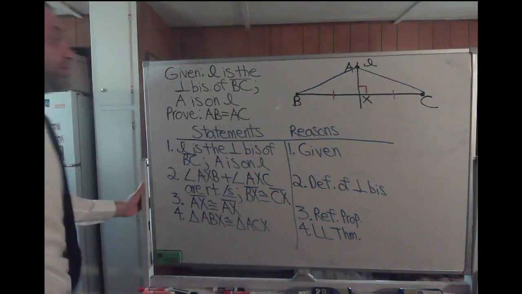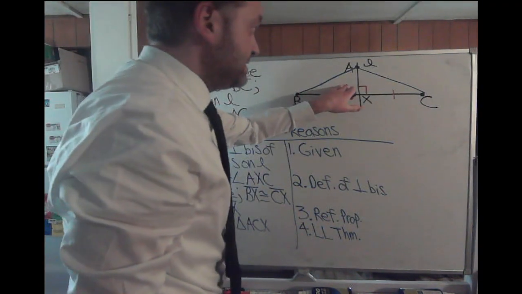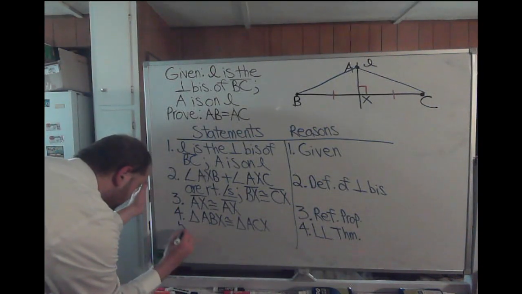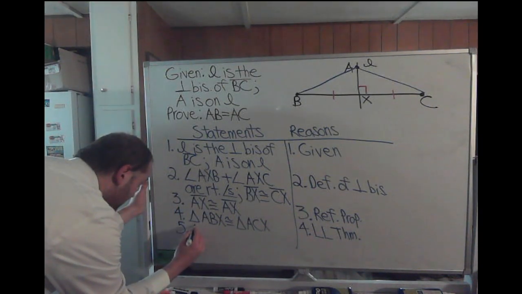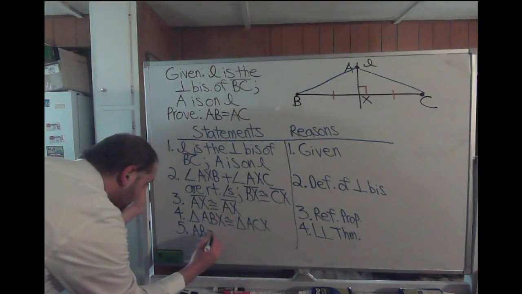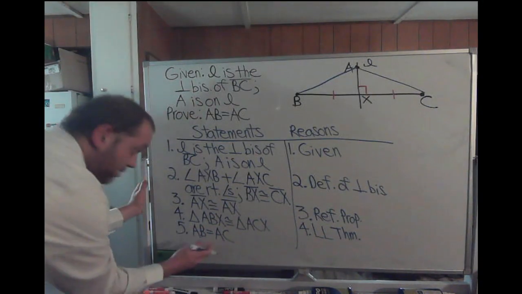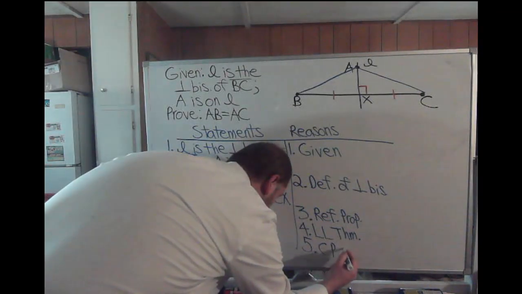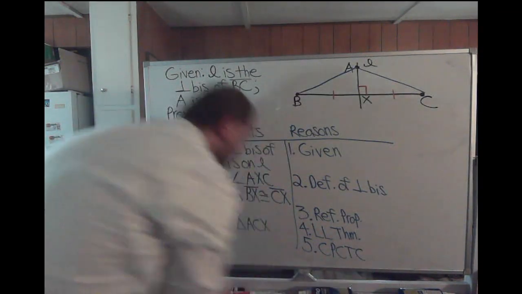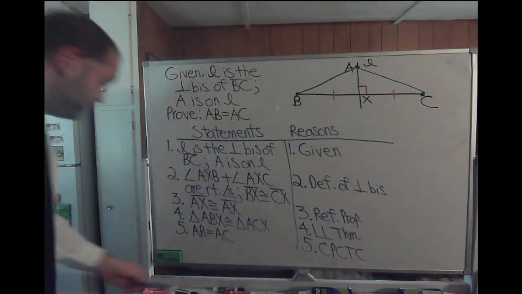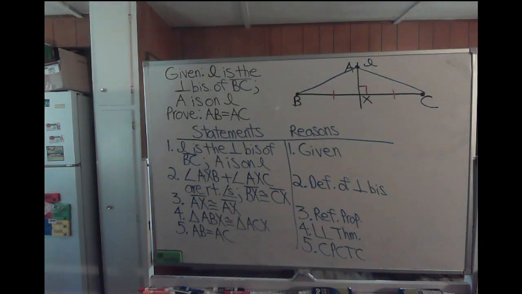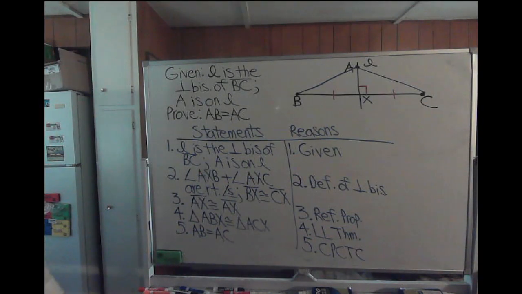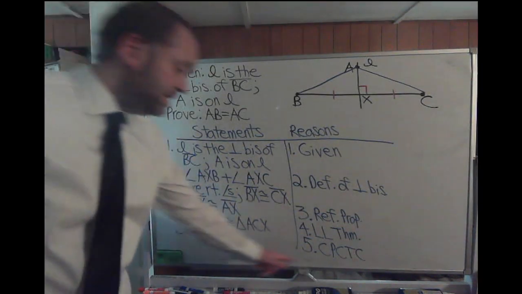So by the LL theorem, triangles ABX and ACX are congruent, which would then leave that AB equals AC by CPCTC. Corresponding parts of congruent triangles are congruent. So we have here AB equal to AC by CPCTC.